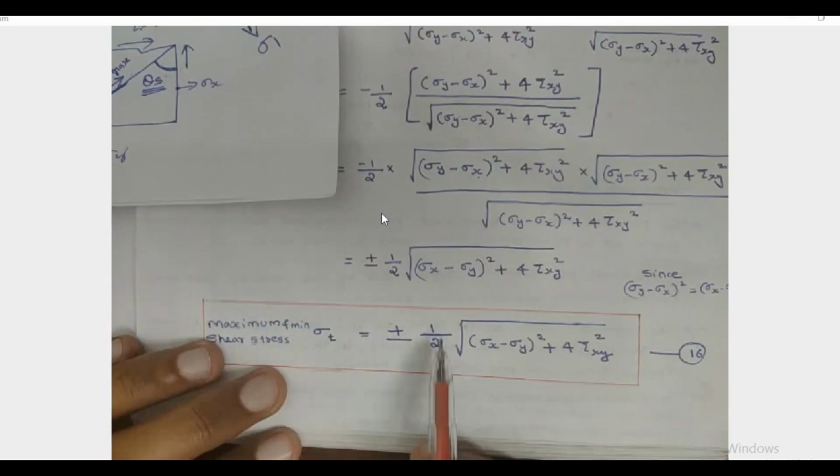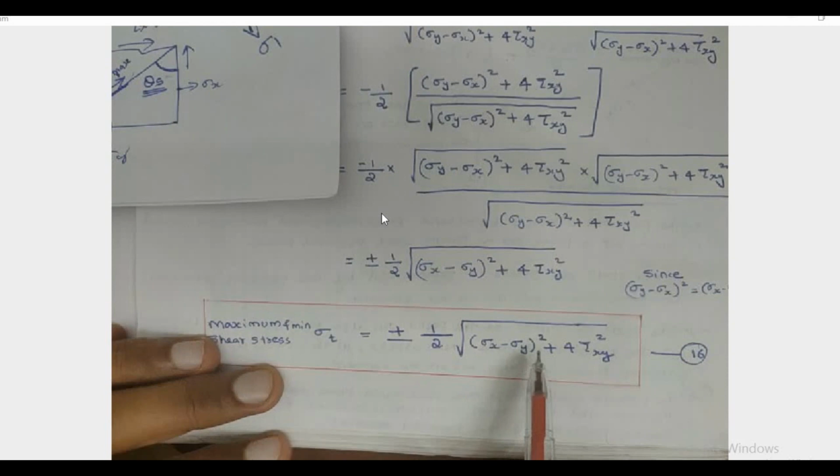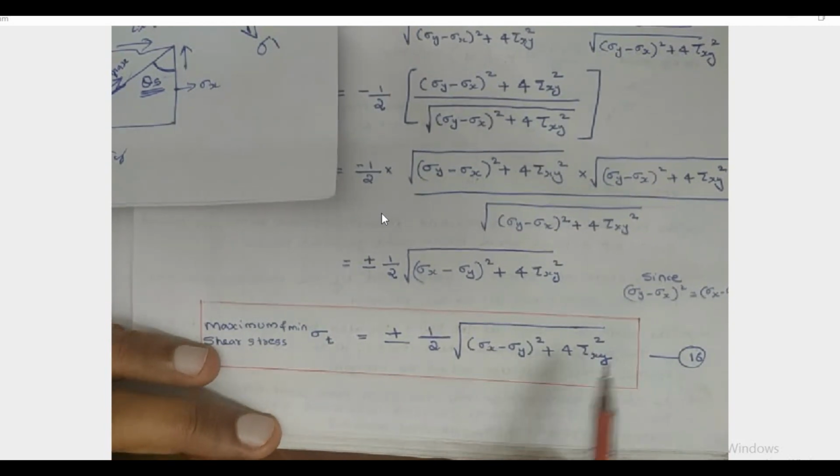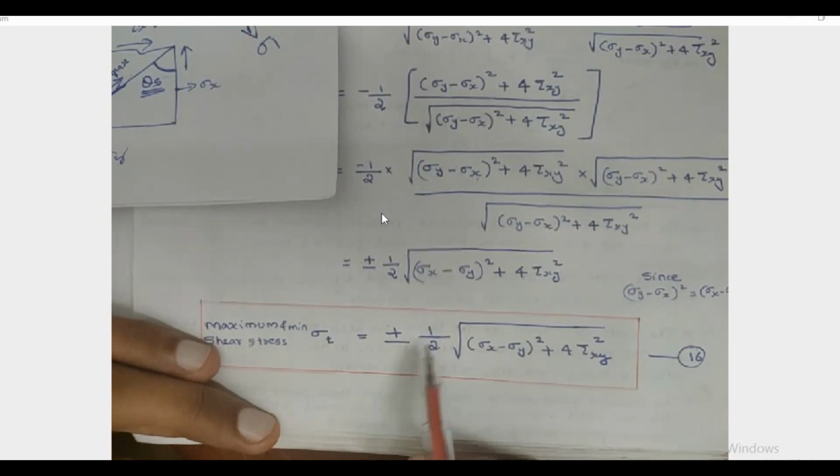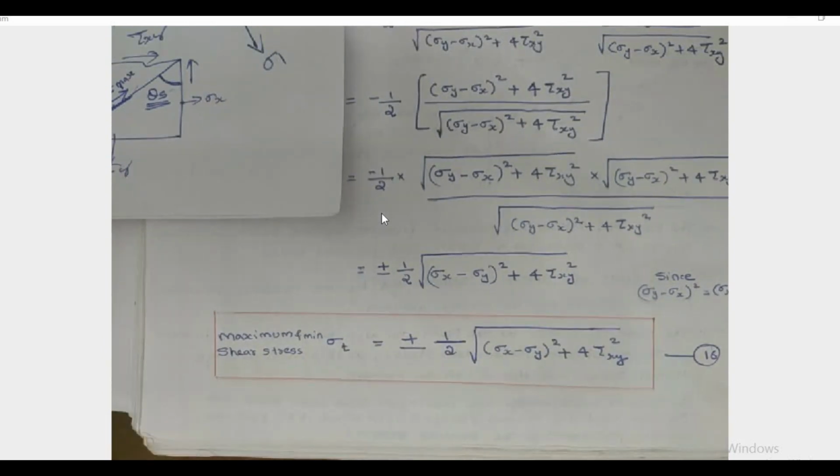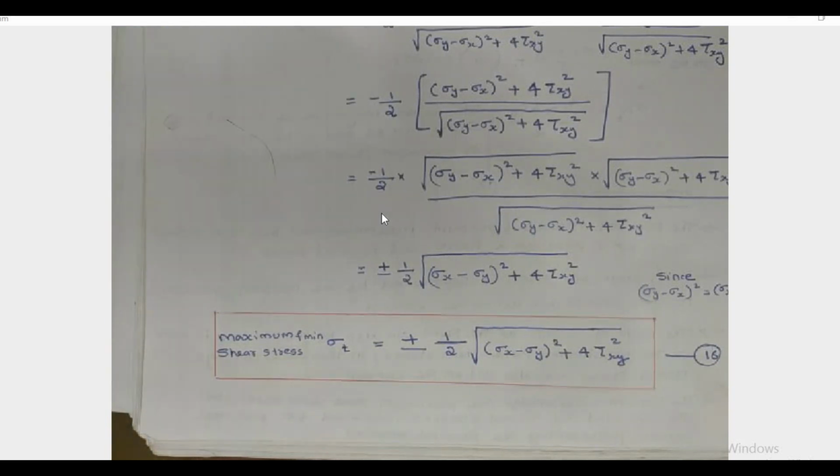Maximum shear stress is plus 1 by 2 root of (sigma x minus sigma y) whole square plus 4 tau xy square, and minimum is minus of half into the same. Minimum means the direction is just changing. For example, maybe maximum shear stress is plus 100 and the minimum is minus 100, just changing the direction of the stress.